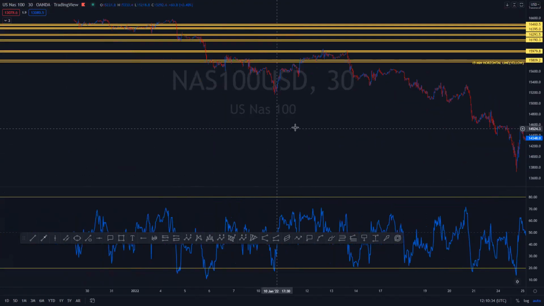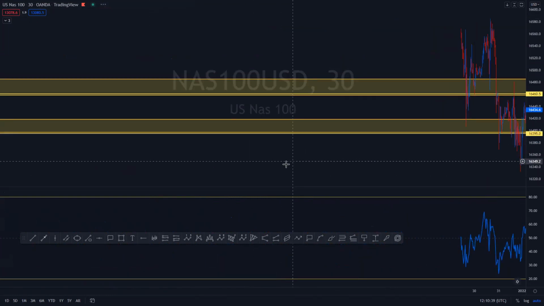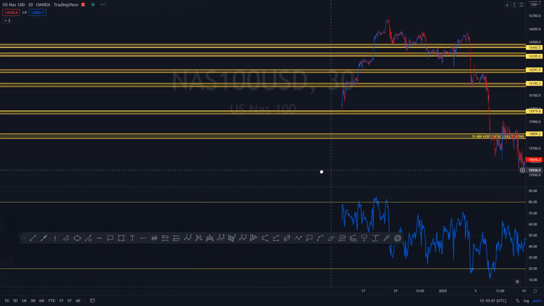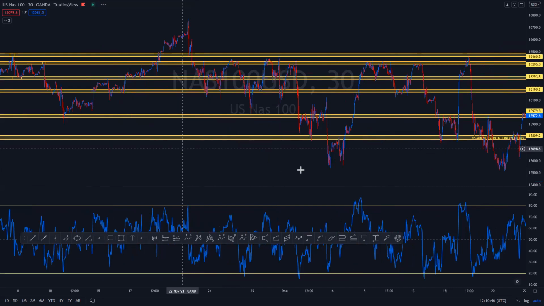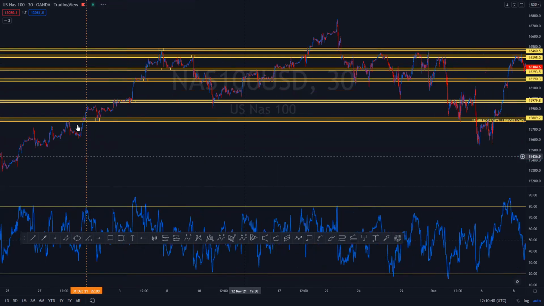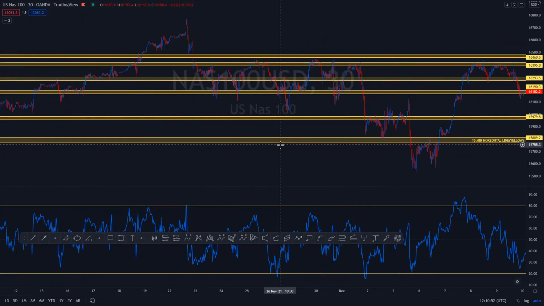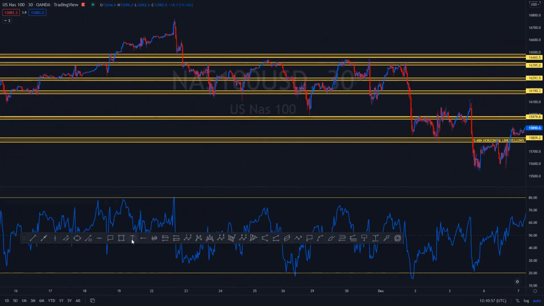Exactly, slow today. Okay. All right, there we go. All right, so this is where we started marking up at this point. So now that we're on the 30-minute, what I want to do is mark up this one.